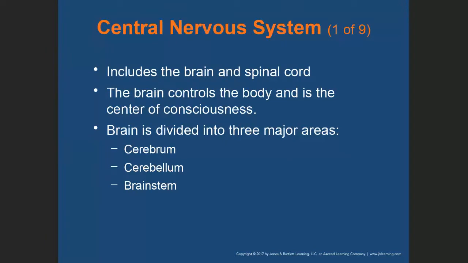So the central nervous system includes the brain and the spinal cord. The brain controls the body and is the center of consciousness. It is divided into the cerebrum, cerebellum, and the brainstem.